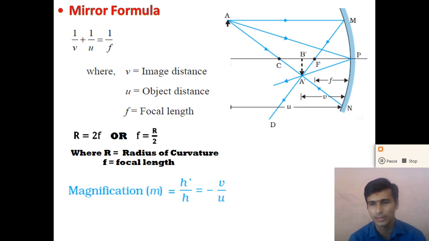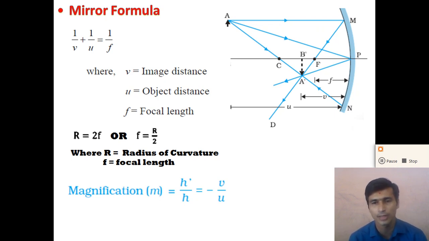For the concave mirror, image distance is negative, but in case of the convex mirror, the image distance is positive. Focal length, here you should remember the focal length. The focal length of the concave mirror is always negative, while the focal length of the convex mirror is always positive. So see the previous video for the sign convention in more detail, right?